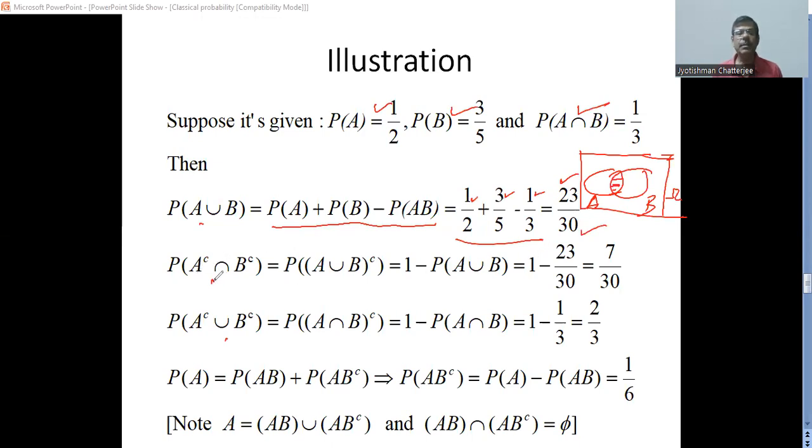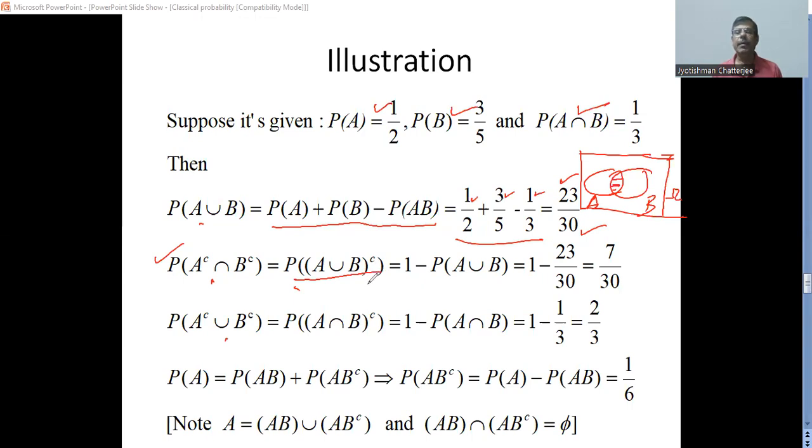How much will be this? Probability of A complement intersection B complement. By application of De Morgan's rule, we can write it as probability of A union B whole complement. That's what is De Morgan's rule.